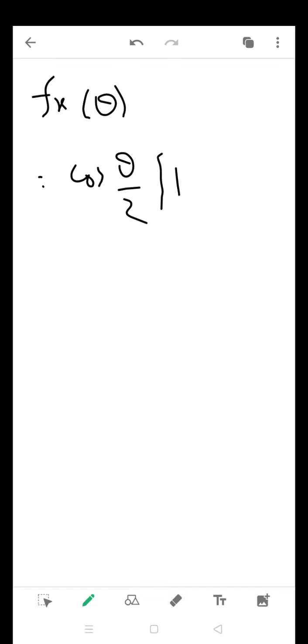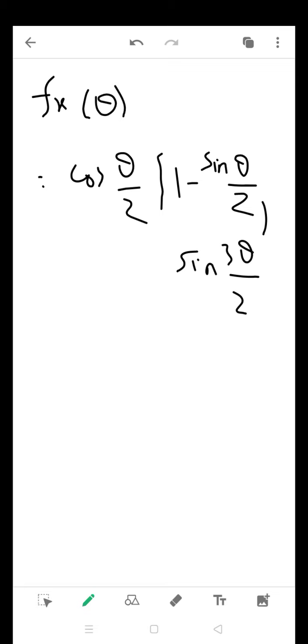Fx theta is equal to cos theta by 2, 1 minus sine theta by 2 into sine 3 theta by 2.